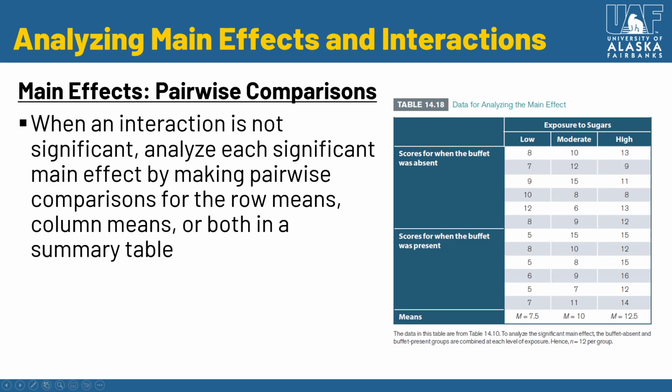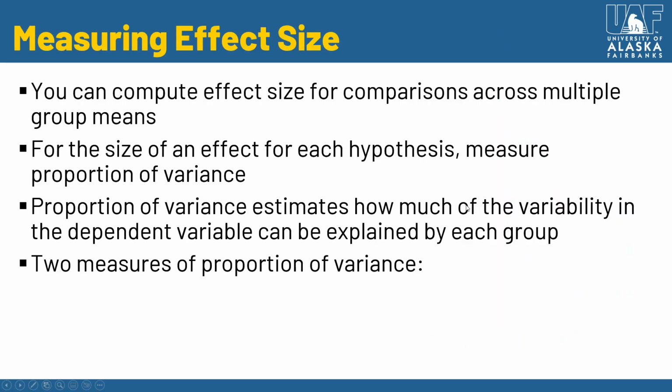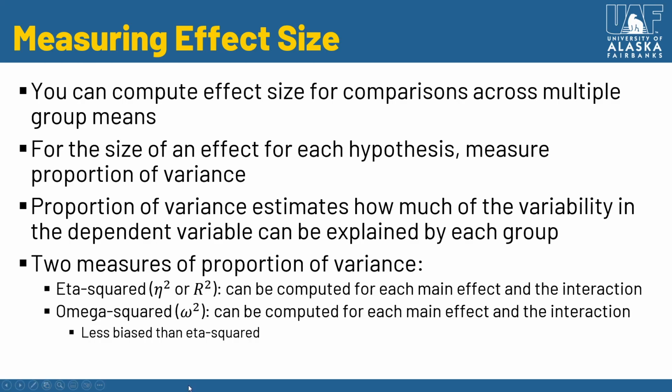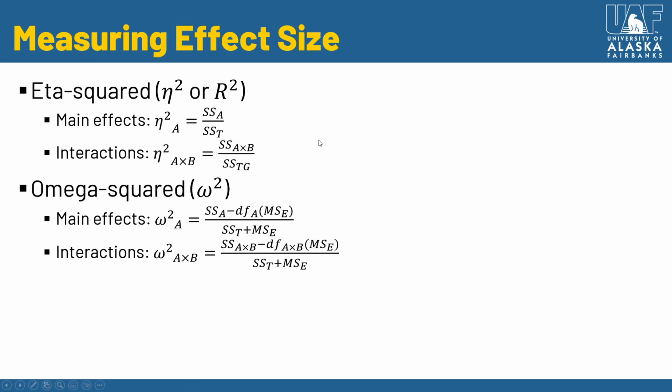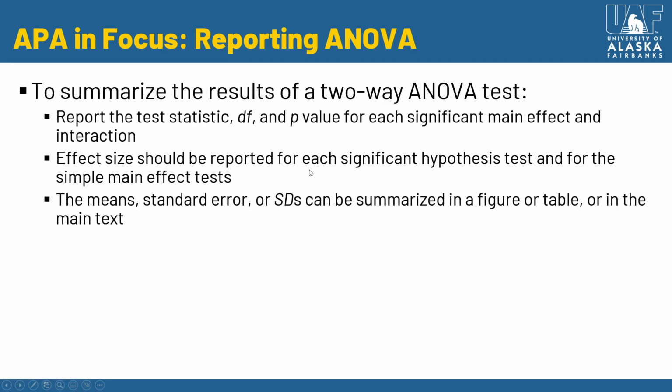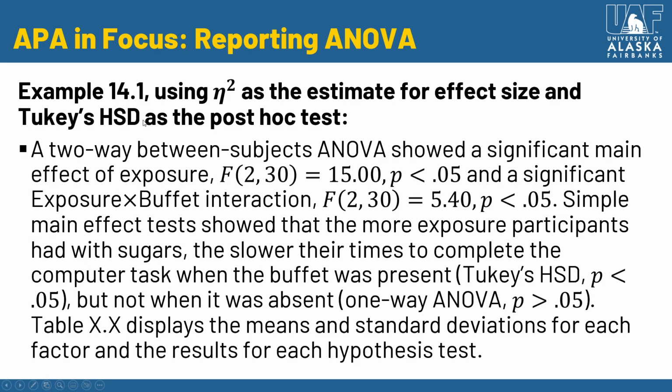This is just for reflection on what we just talked about. For effect size, we can do eta squared or omega squared, same as always. Equations, you can do them. And to summarize, this is an example of what it would look like in a paragraph.